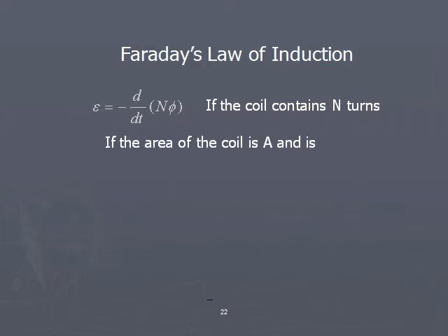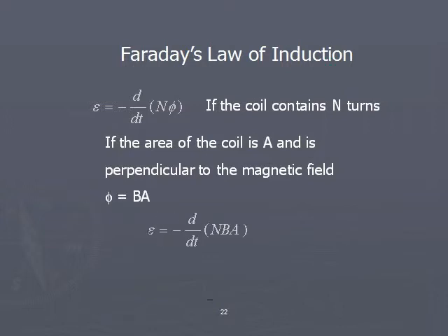If the coil is placed with its plane perpendicular to the magnetic field, then the angle between the magnetic field vector and the area vector will be 0. So phi becomes equal to BA, where B is magnetic field induction and A is the area of the coil. Hence the relation for induced EMF is E equal to minus d by dt of NBA.